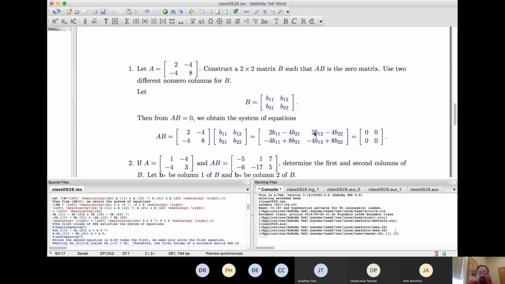So 2 times B12 minus 4 B22. If I repeat the same thing for the second row of the result by using the second row of A, multiplied with the first column of B to get this, and then with the second column of B to get this entry, then all 4 of these entries must be 0.